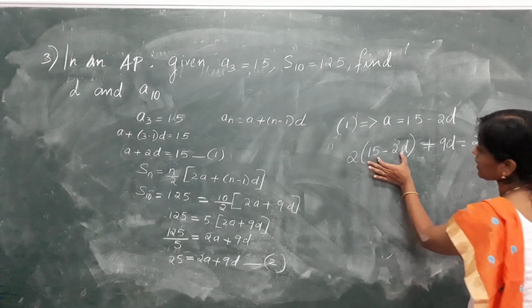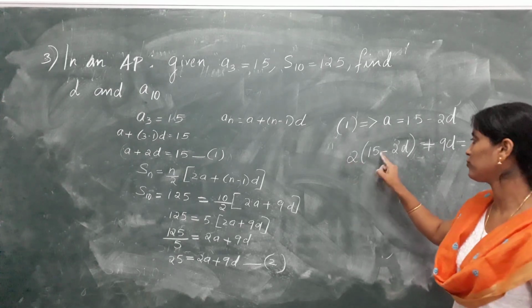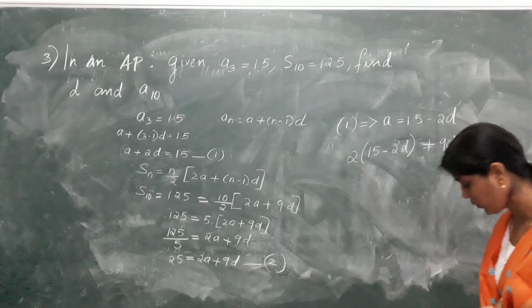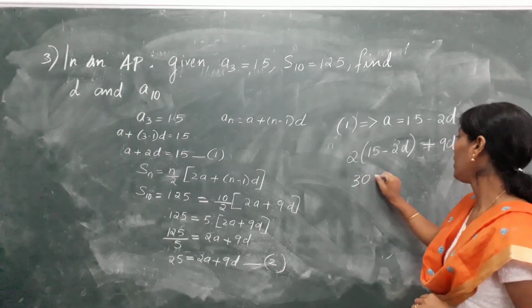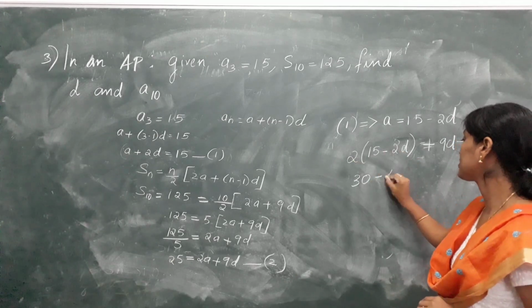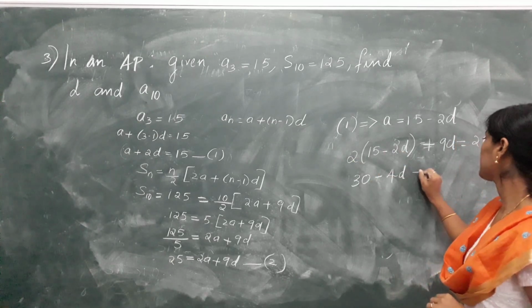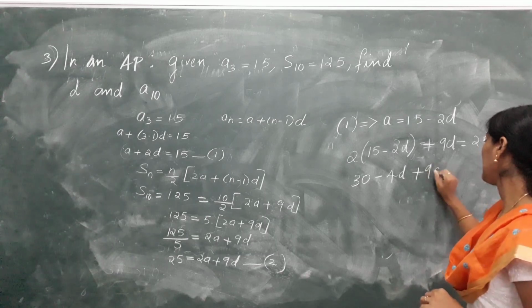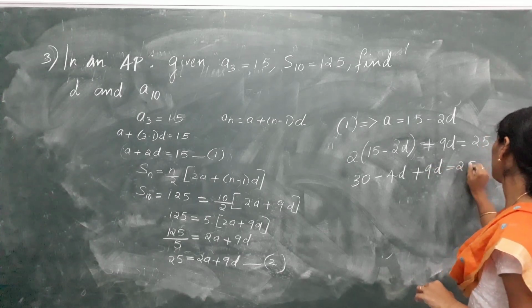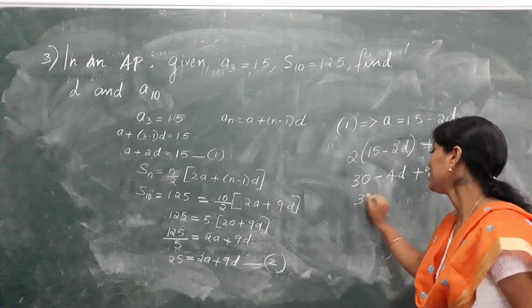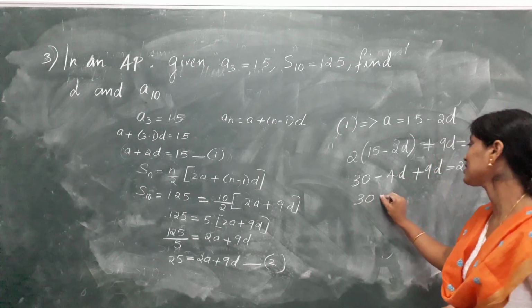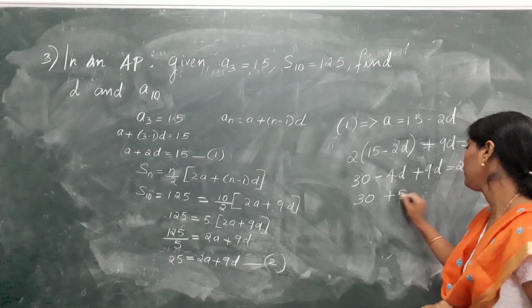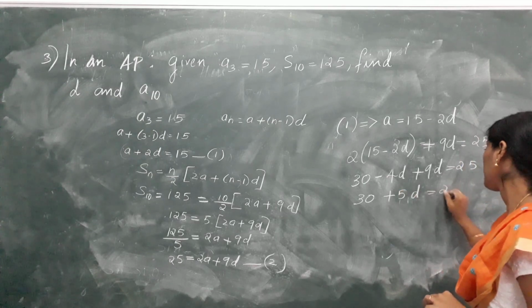Removing the bracket, 2 into 15 is 30. Now 2 into 2d is 4d, so 30 minus 4d plus 9d, that is plus 5d, that's equal to 25.